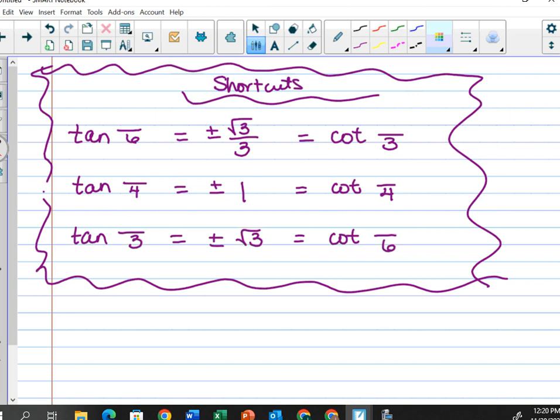And then let's do a couple just to make sure you guys understand how it works. So root 3 would also be cotangent of over 6. How come this is ever straight? Because the x and y are switched, yeah.